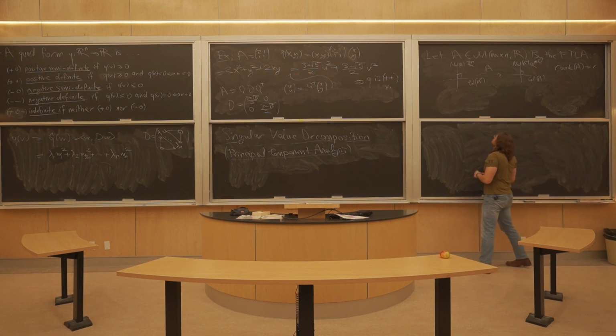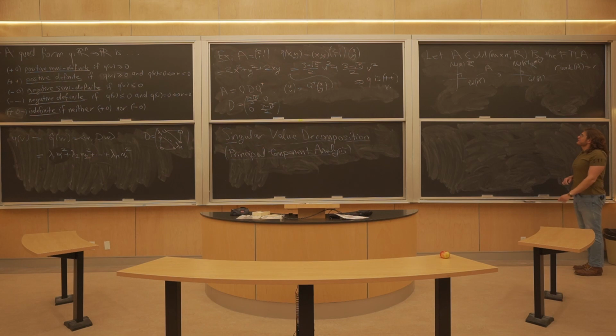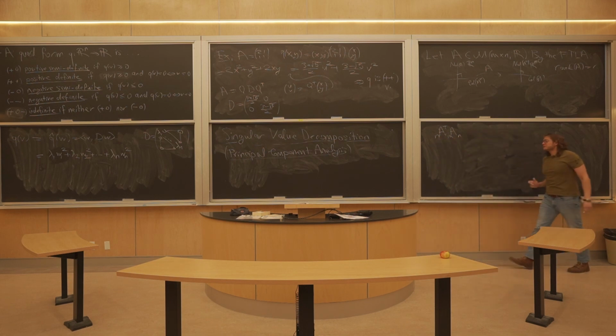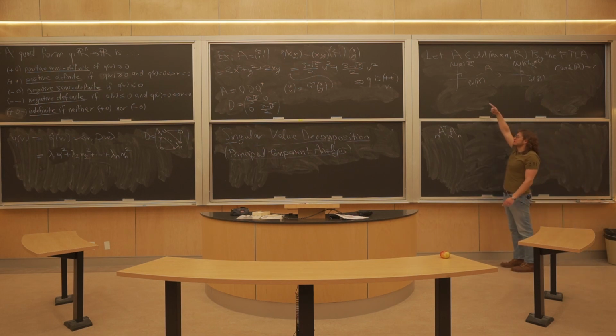Let's think about this. Now, if I were to first apply A and then A transpose, so as a matrix, A is m by n, which means that A transpose is n by m, which means that A transpose A is n by n, which means that A transpose A is a linear transformation from Rn to itself.